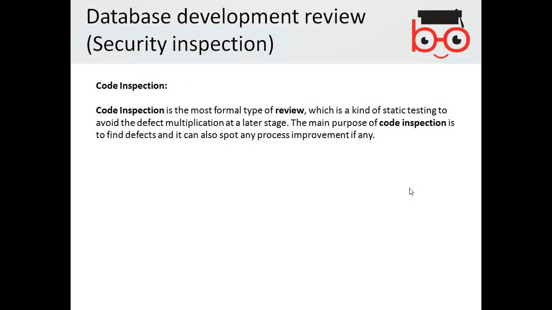Next topic is code inspection. Code inspection is the most formal type of review, which is a kind of static testing to avoid defect multiplication at a later stage. The main purpose of code inspection is to find the defects, and it can also spot any process improvements.